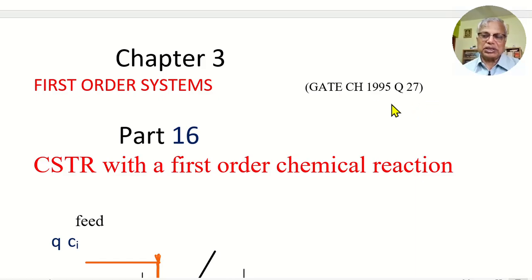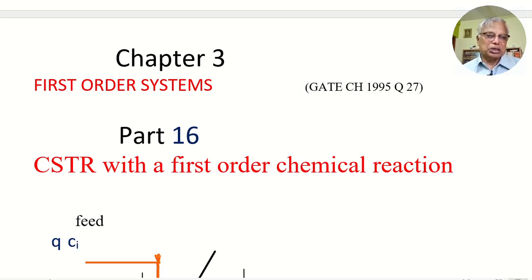In those years, at the beginning period of GATE, derivation questions were also asked. So you can have a look into this GATE paper 1995. It's the same which we are going to discuss now.